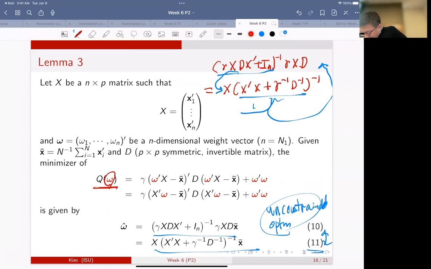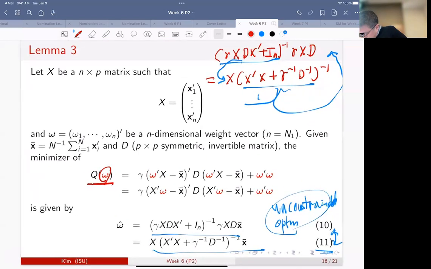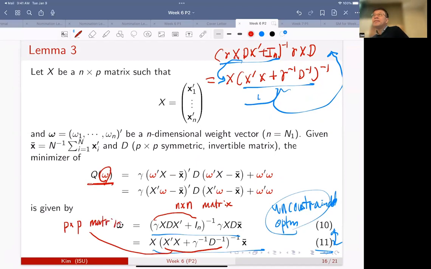By the way, if you look at this carefully, this is an n by n matrix, while this one is a p by p matrix. Because x is n by p, so this guy is p by p.